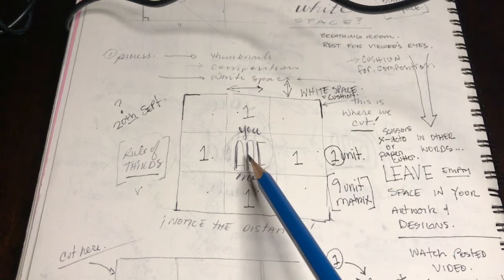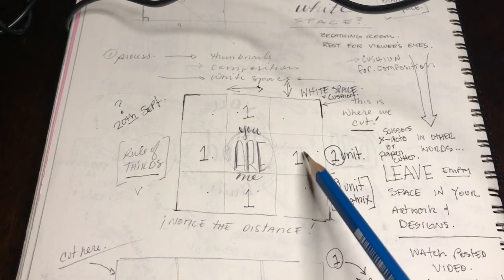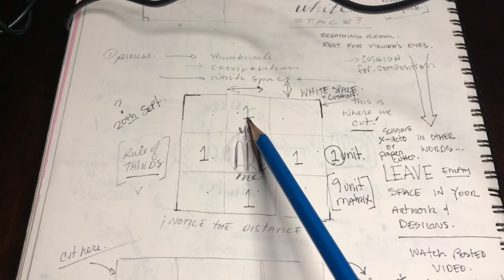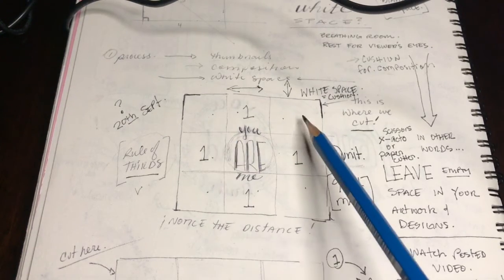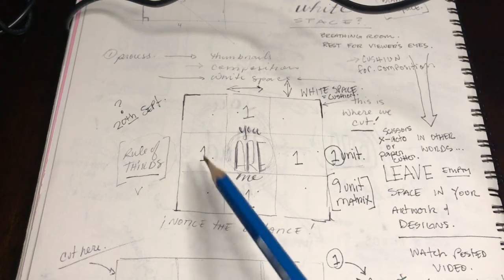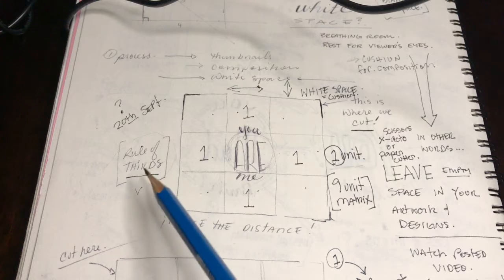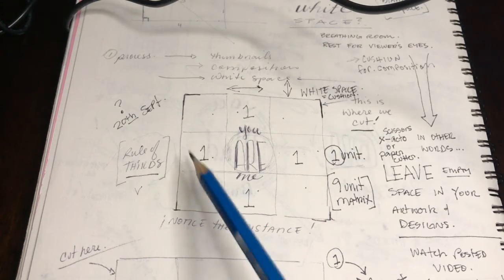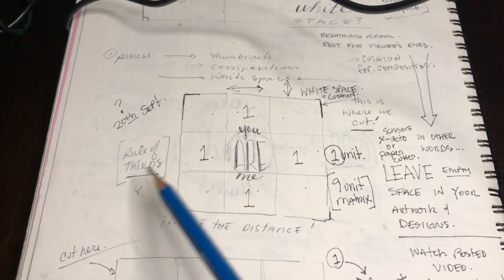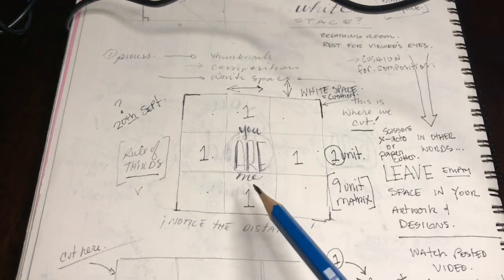And if I make that same unit to the left, to the right, bottom, top, and then in the other squares that make up this square, I now have a composition that's divided up into thirds.